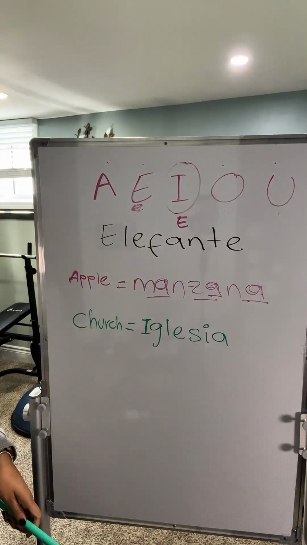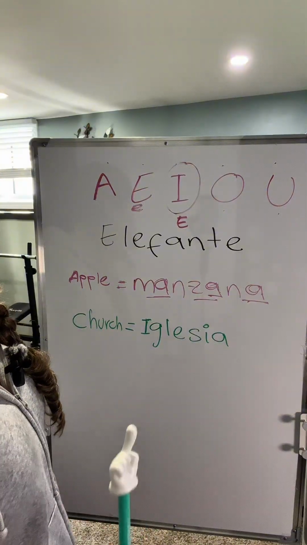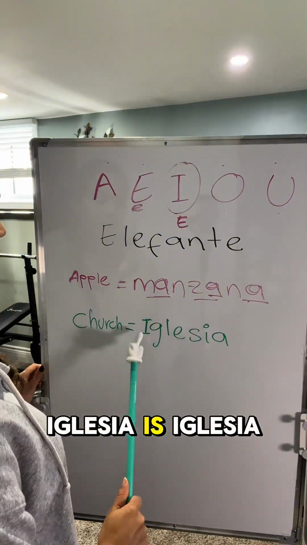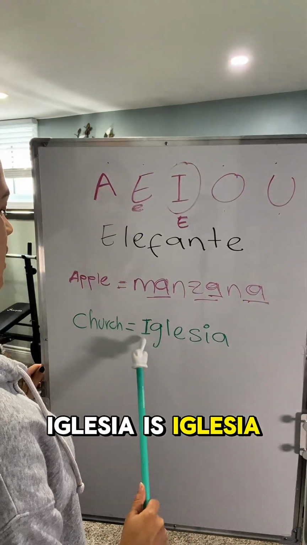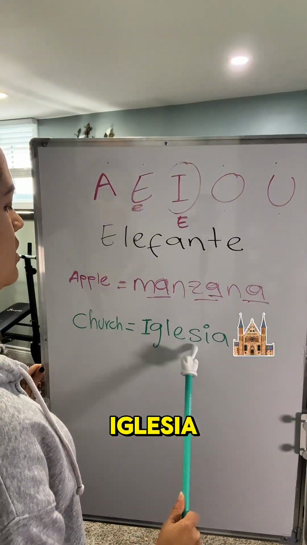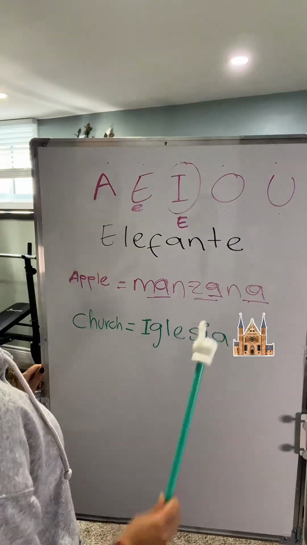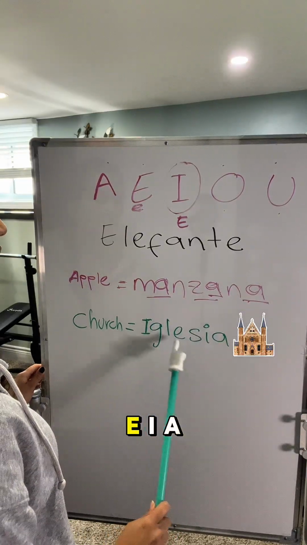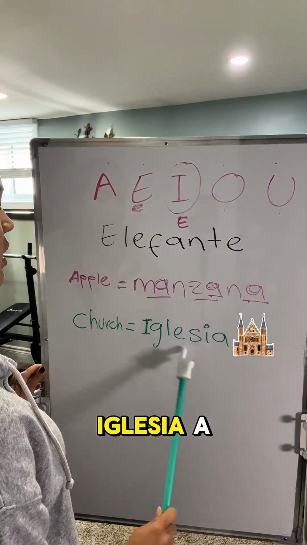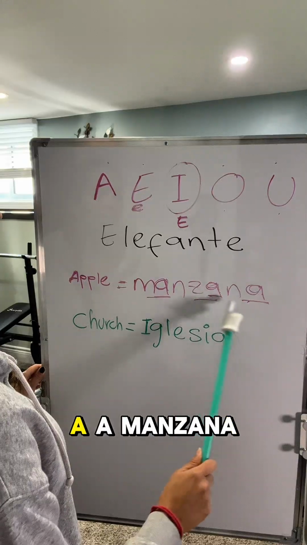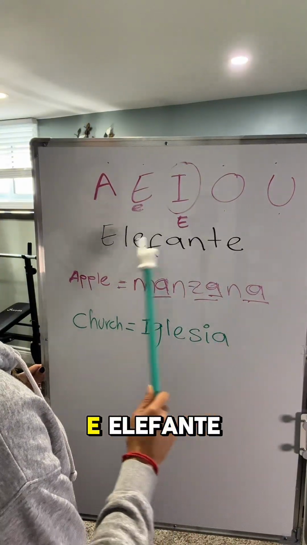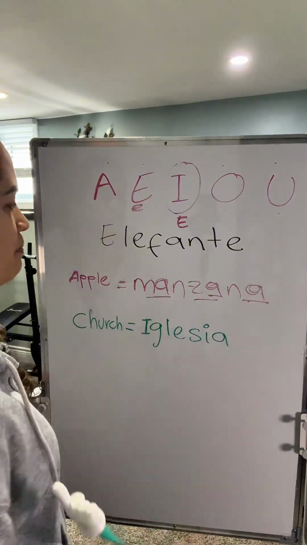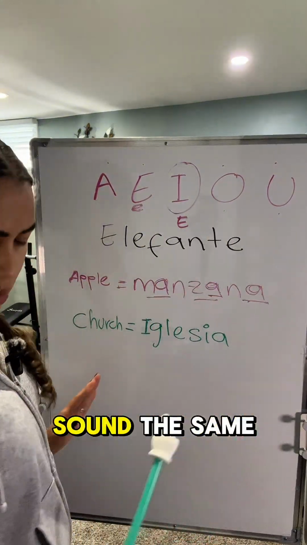So, iglesia is iglesia. It always sounds the same. I, E, I, A. Iglesia. A, manzana. E, E, A, E. Elefante. They will always sound the same, okay?